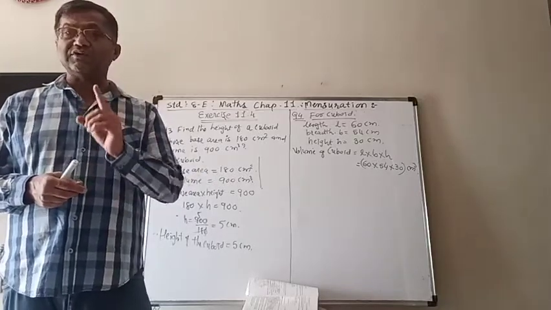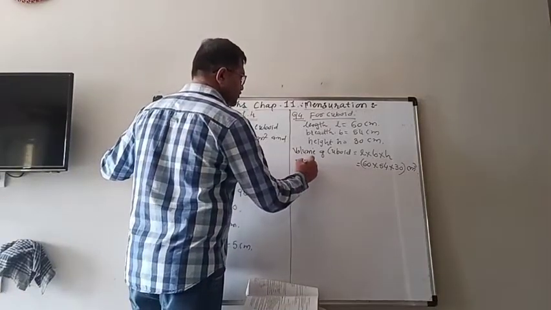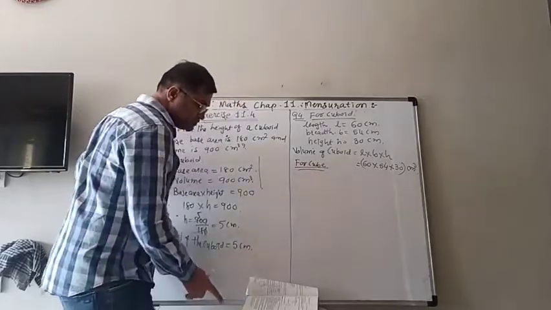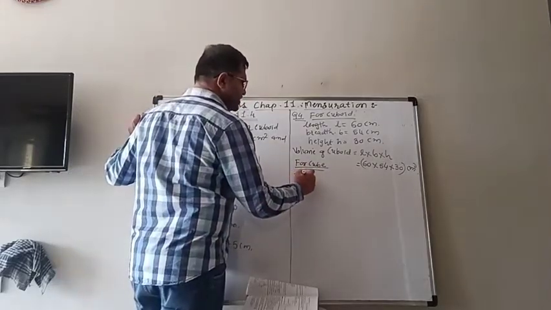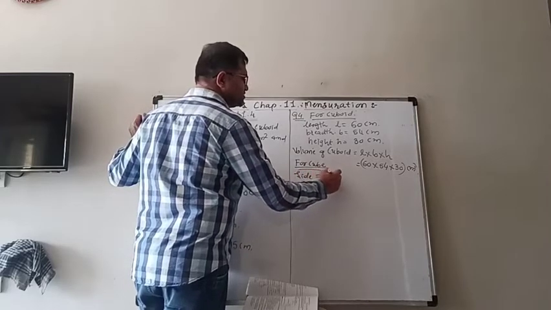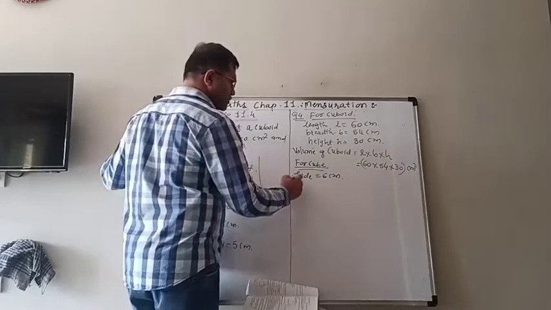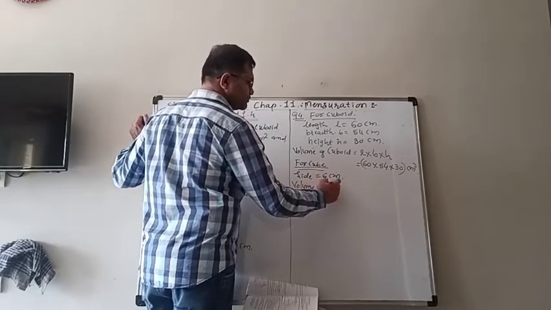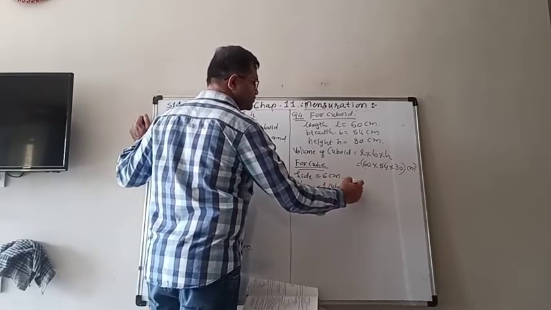So now we will find the volume of the cube. So for the cube, what is given? Side is 6 centimeter. So volume of one cube is equal to L cube.